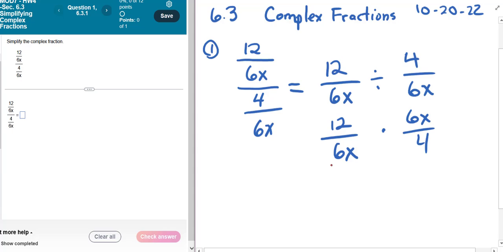You can cancel on your diagonals, and 4 will go into 12 3 times. So this simplifies to 3 over 1 or 3. That technique works fine here.